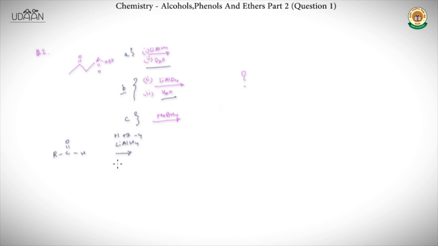And the solvent over here is ether. As we know that ether is inert, it will not react with LiAlH4. Now we know that in an aldehyde the C=O bond is slightly polar, and we get a delta minus charge on oxygen and a delta plus charge on carbon.